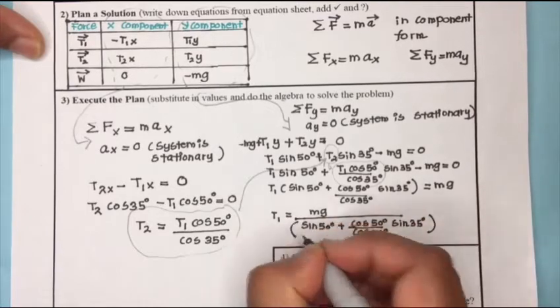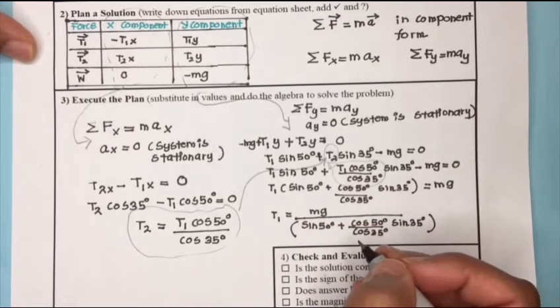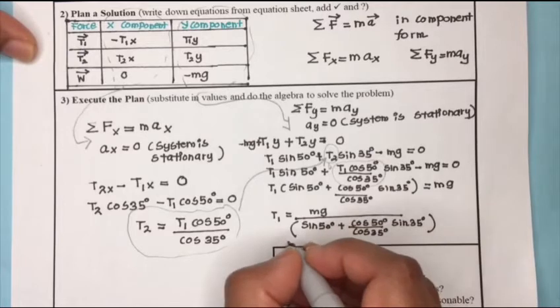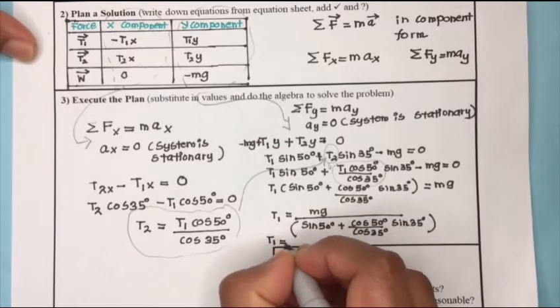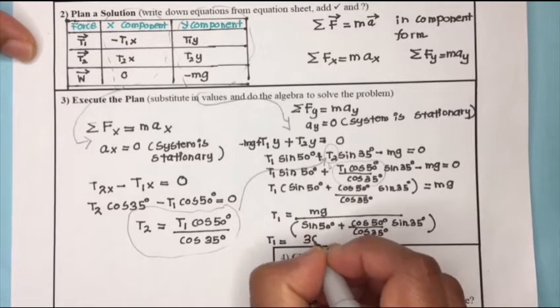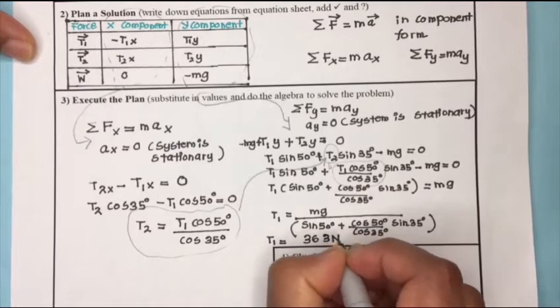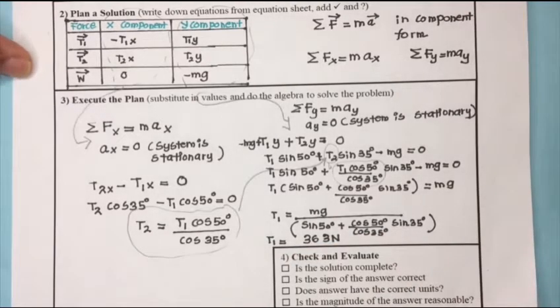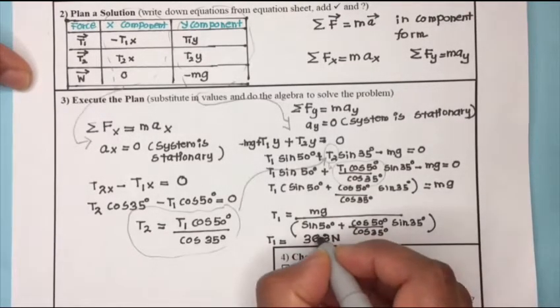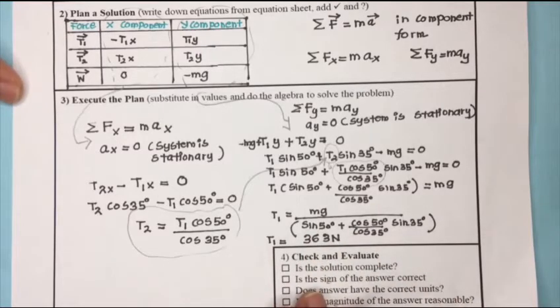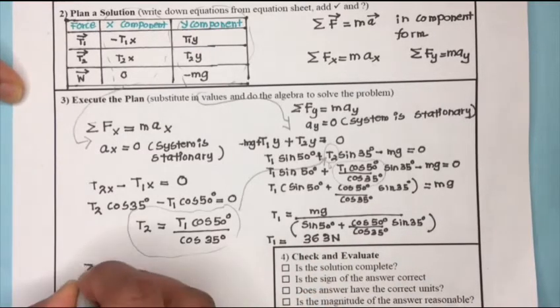So now you have to solve for tension 1. When you put sine 50 and cosine 50 into your calculators, guys, please make sure that your angle is in degrees, not in radians. Please check that in your calculator settings.